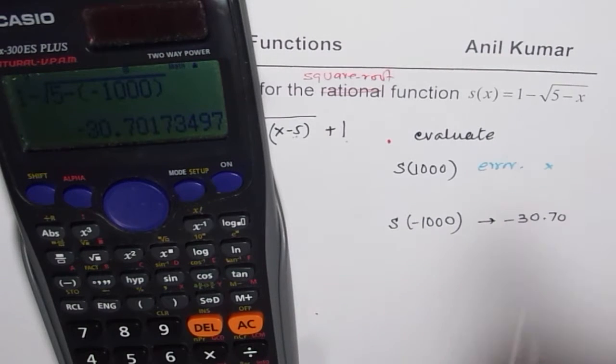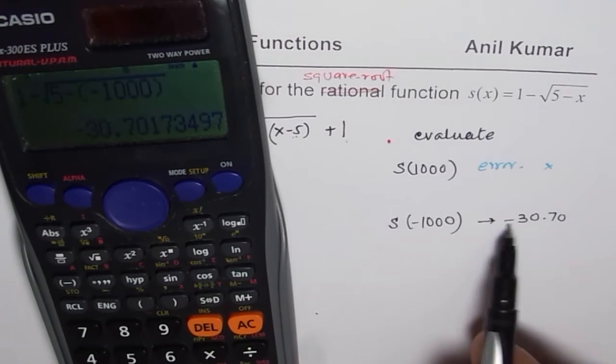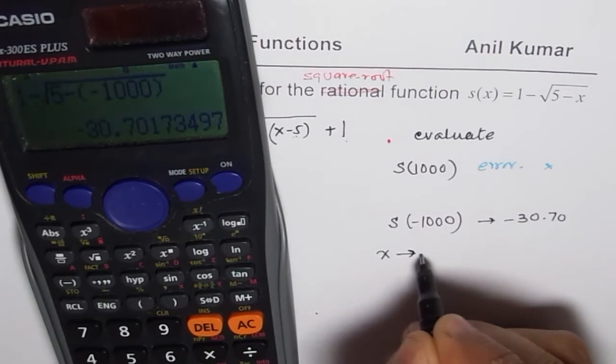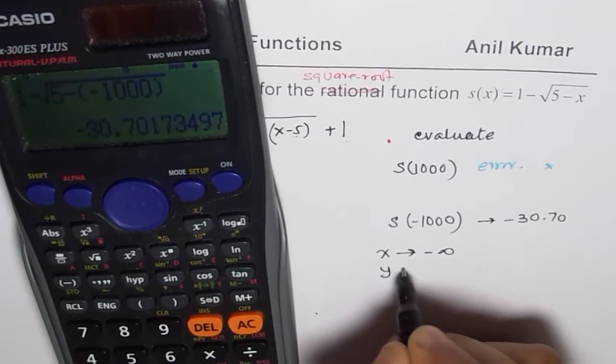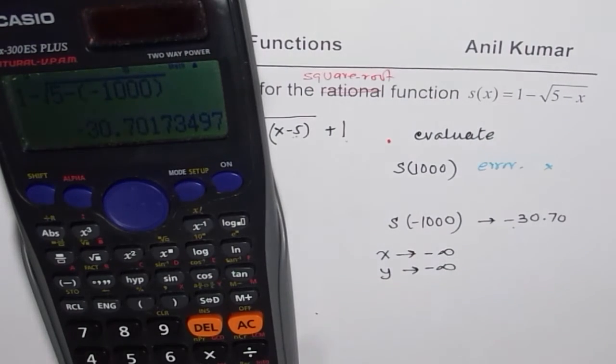So we know this function has to approach a high value, but it is negative, right? Since it is this value, we can say when x approaches negative infinity, y approaches negative infinity. Since this is negative, do you see that?